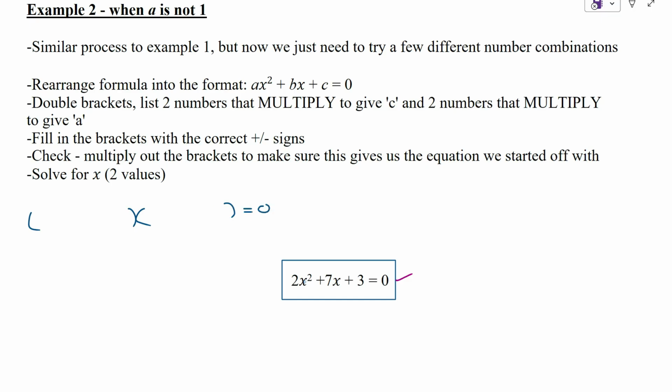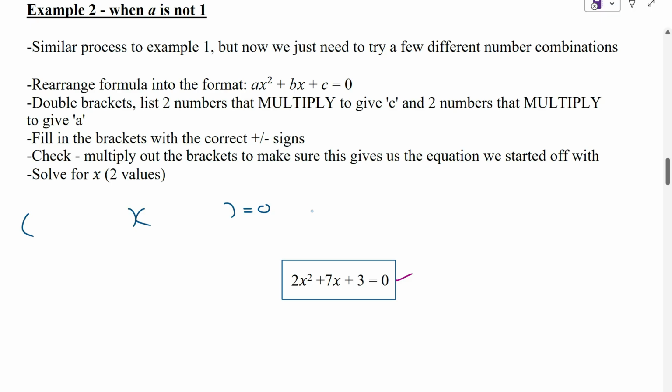Now with the previous example, because x squared was just on its own, we knew that at the front of both brackets we were just going to have x, because x times x is x squared. That's fine. But here, because there's a number in front, it might be 2x here, or it might be 2x here and just x here. We're not sure. So we need to try out a few different number combinations to actually get to the numbers that we need to put into these brackets.